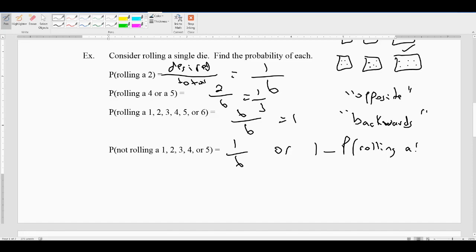Rolling a 1, 2, 3, 4, 5, or 6. And in that case, you can do 1 minus. So how many ways can you roll a 1, 2, 3? I'm just messing up all over the place. Makes me want to start this video over. But I'm not going to, because I hate starting videos over. So I'll start this problem over. I'm going to back up and repeat myself, or start over again, on this particular example, at this point right here.